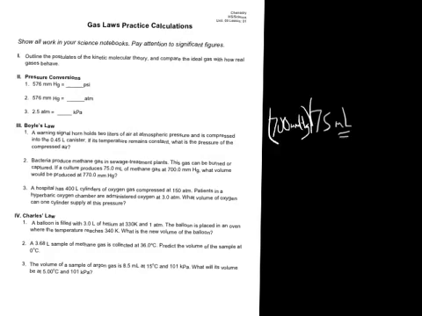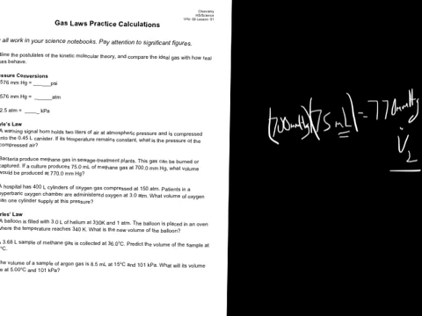These two numbers are going to multiply times each other, and that's going to equal our final pressure times our final volume. Our final pressure is 770 mmHg times our volume 2, and this is what we're solving for.